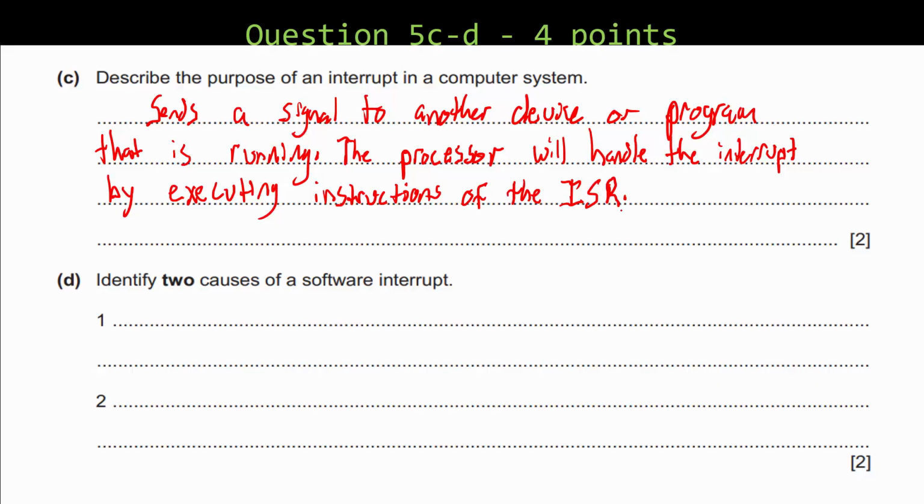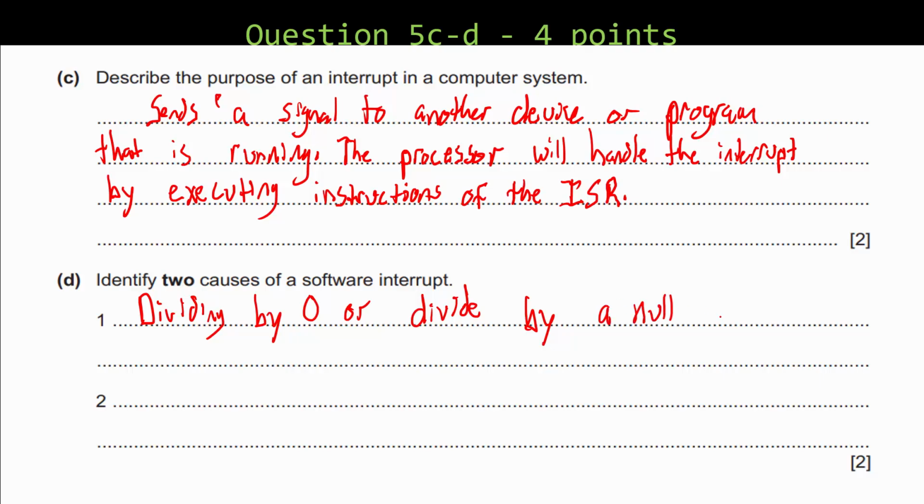All right. Identify two causes of an interrupt. If you've been doing any programming, which you have because you're in AS, you have had software interrupts. Maybe you've done dividing by 0. When you divide by 0 or divide by a null value, that's going to cause your program to crash.